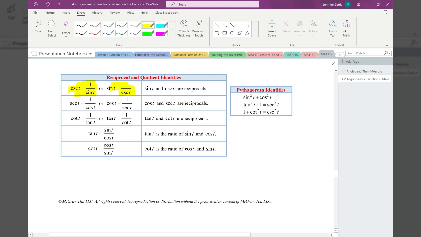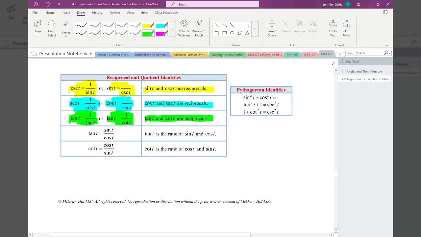So sine and cosecant are reciprocals. Secant is the reciprocal of cosine, and cosine is the reciprocal of secant. It means that cosine and secant are reciprocals. And the last one, cotangent, is the reciprocal of tangent, or tangent is the reciprocal of cotangent. So tangent and cotangent are reciprocals.